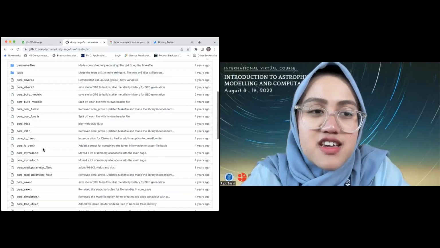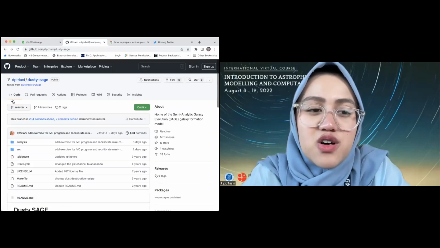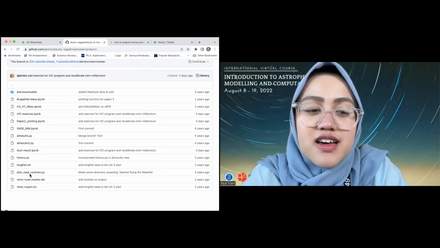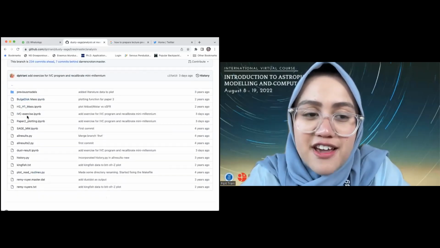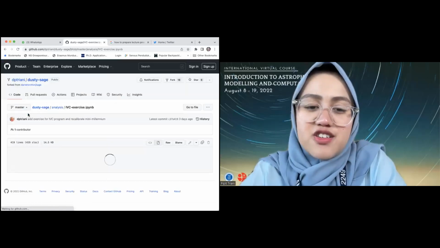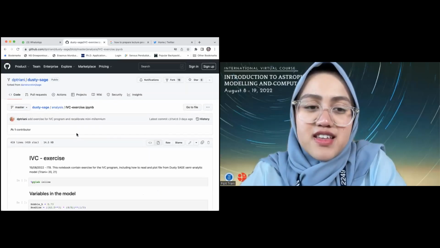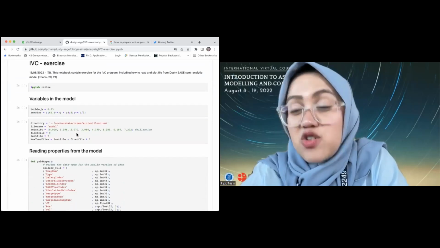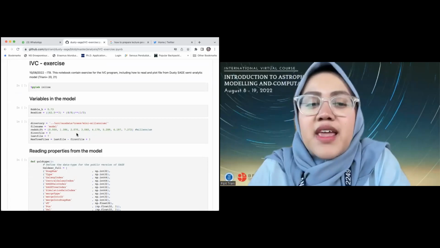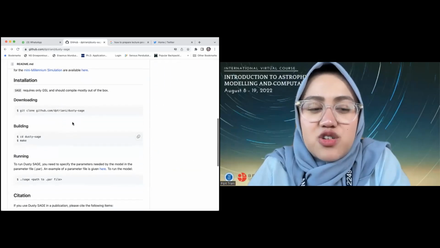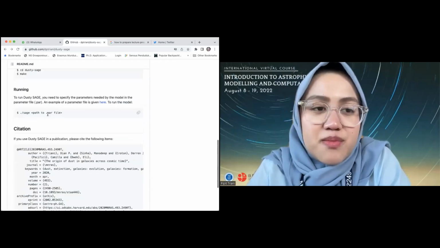Back in the home directory, in the analysis part, there is a Jupyter notebook called IVC exercise. If you open that, it shows that you run the model first. Running the model is like this: you git clone, you make it.